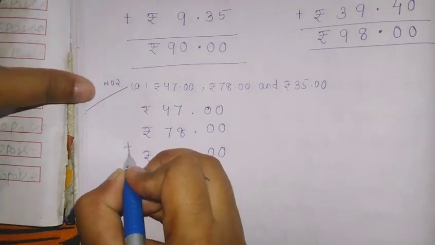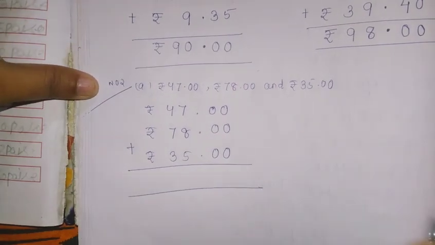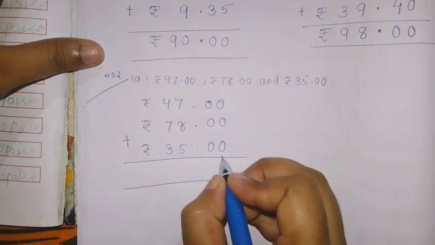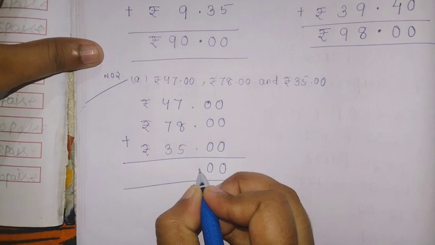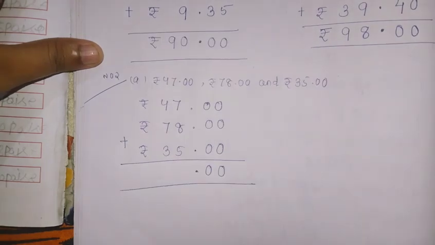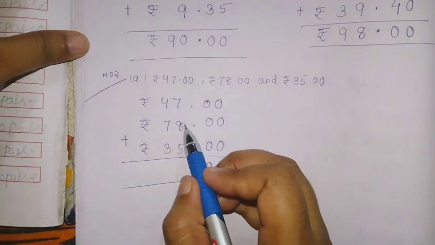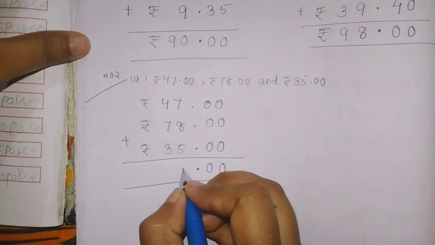Then we add this money. 0 plus 0, 0, 0 plus 0, 0. Then 0 plus 0, 0, 0 plus 0, 0. Then we put dot. Dot remains fixed. Then 8 plus 10, 15, 15 plus 5, 20.